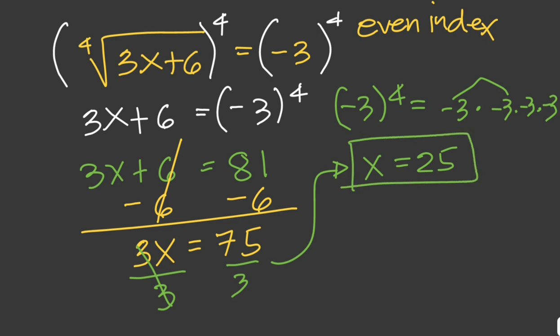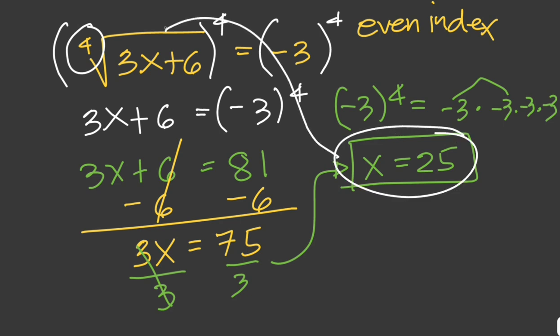Now, since the index of the original problem is an even index, we need to check the answer in the original problem. We just have to plug the value of x into the original equation. So the fourth root of 3x plus 6 equals negative 3.